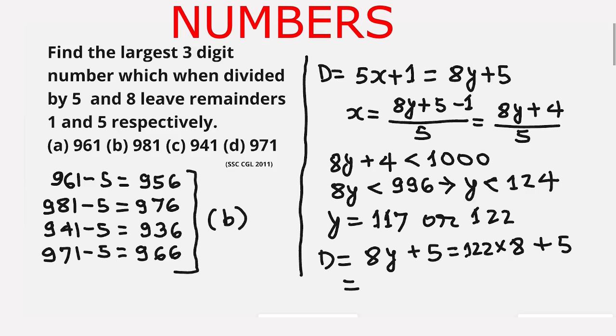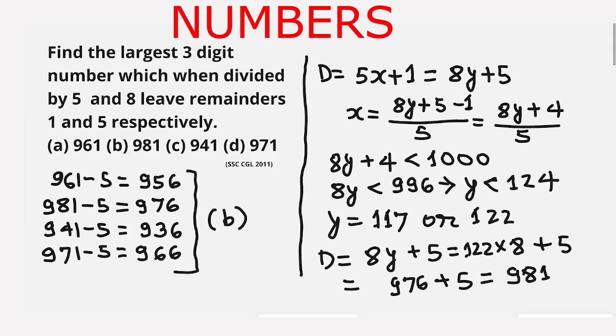This is equal to 8 times 2 is 16, we write 6 and carry 1. 8 times 2 is 16 plus 1 is 17, we write 7 and carry 1. 8 times 1 is 8 plus 1 is 9, so it is 976 plus 5 is 981.